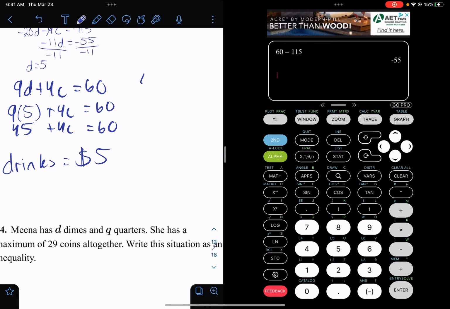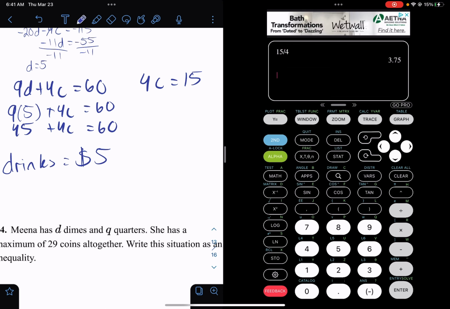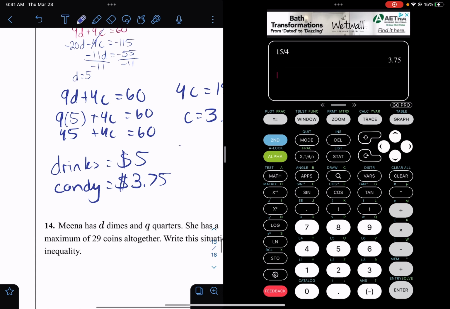So we end up with 4C equals 15. Does that seem right? 15 divided by 4. So candy is going to be $3.75. And that would be our answer here.